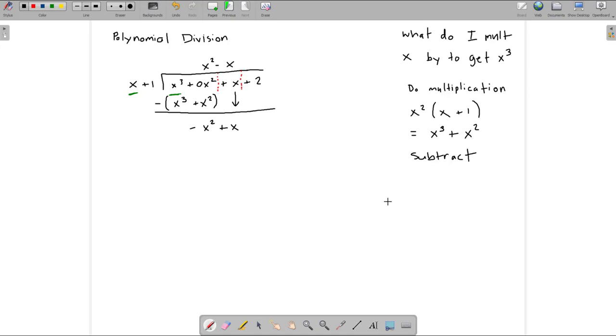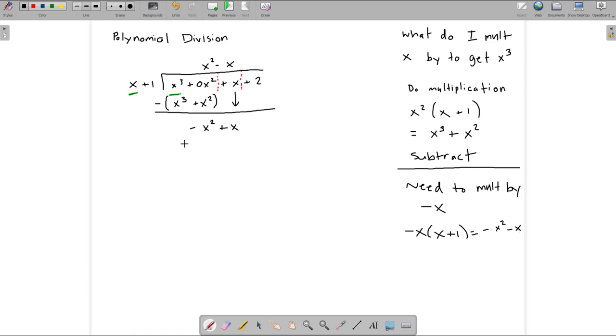And we have to do our multiplication again. So we're doing negative x times this x plus 1. I guess I'll write it out over here. So we need to multiply by negative x. Make sure you distribute everything. So negative x squared minus x is what I get from multiplying this out.